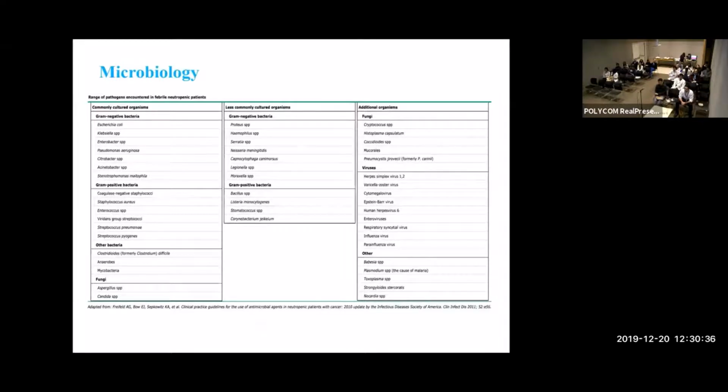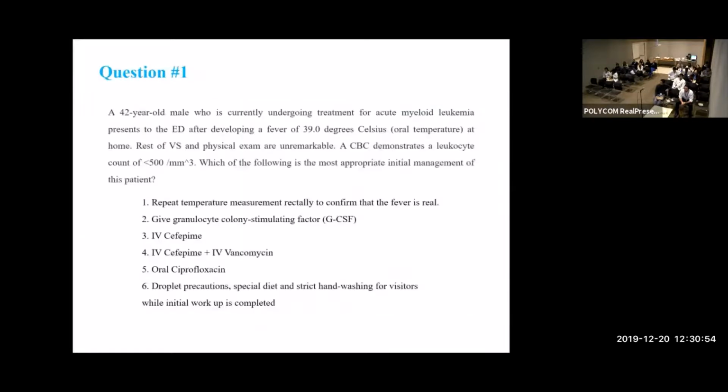Among Candida, Candida albicans is the most prevalent. And then there are other agents, like, if the patient is from an endemic area, you should always consider endemic fungal infections like histo, blasto, cocci, and so on.